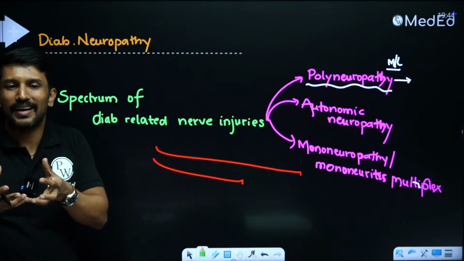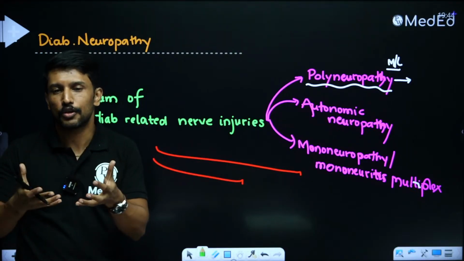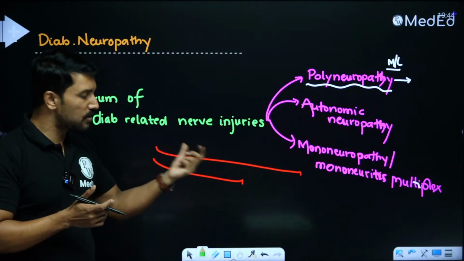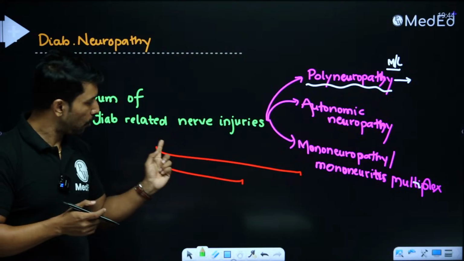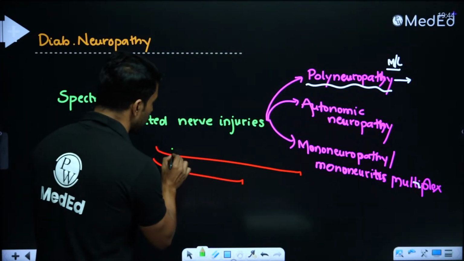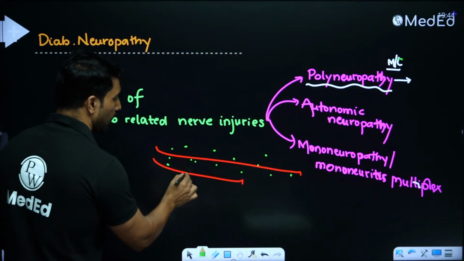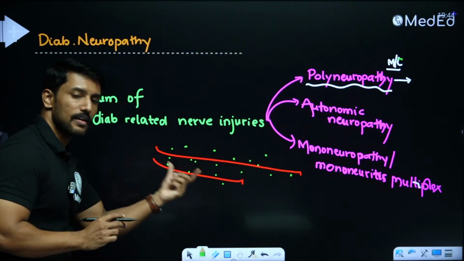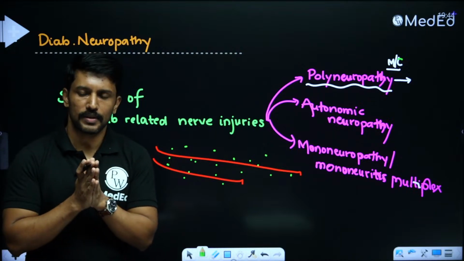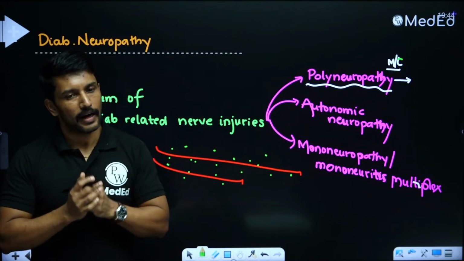So when my blood has advanced glycation end products, high amount of sugar and the sugar alcohols, which nerve will receive more? The longer nerve will receive more of these toxins. So who is more likely to get injured? The longer nerve, having received more toxins, is more likely to get injured than the smaller nerve. So in simple words, longer the course of the nerve, earlier to get affected, right?